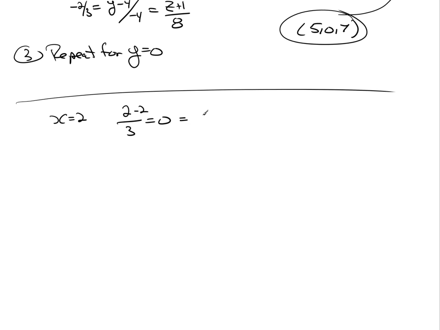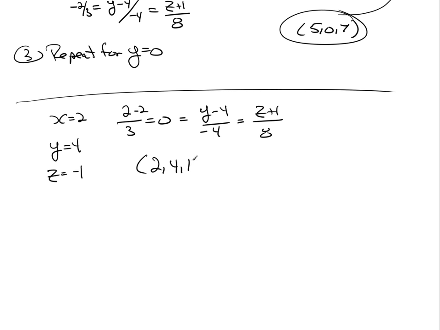And that has to be equal to y minus 4 over negative 4, which has to be equal to z plus 1 over 8. Well, the only way that can happen is if y is equal to 4 and z is equal to negative 1. So with the symmetric equations, given a value for any of the three variables, x, y, or z, I can figure out the coordinates of where the line is.